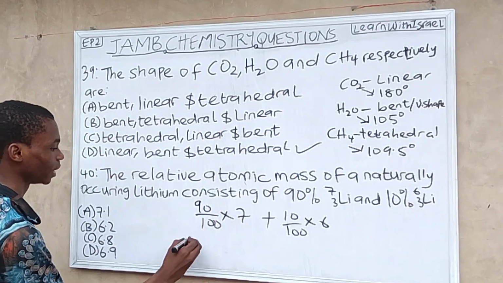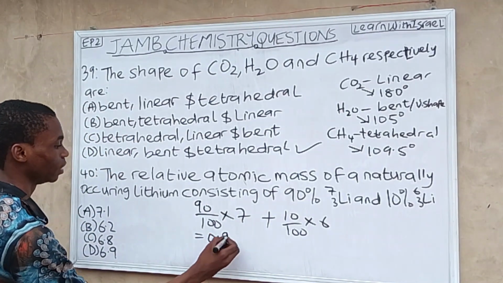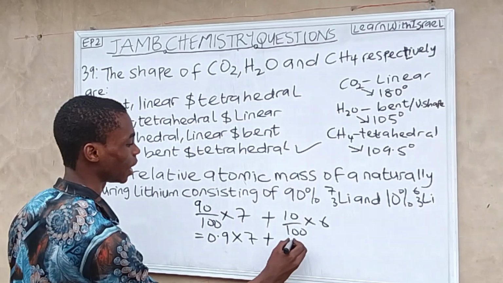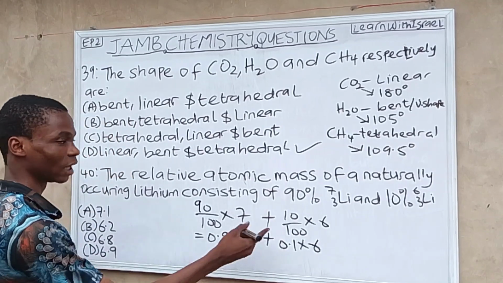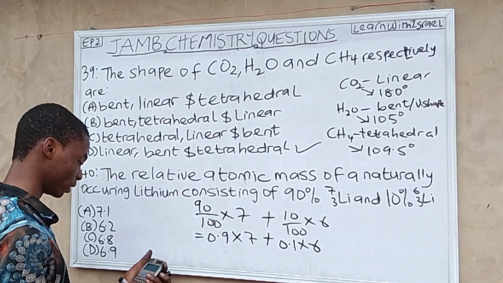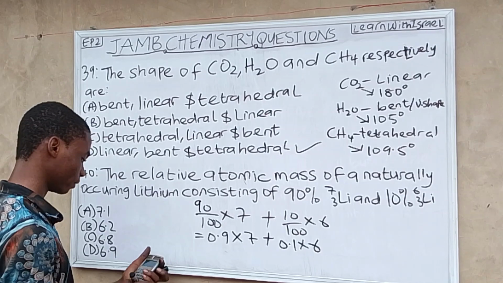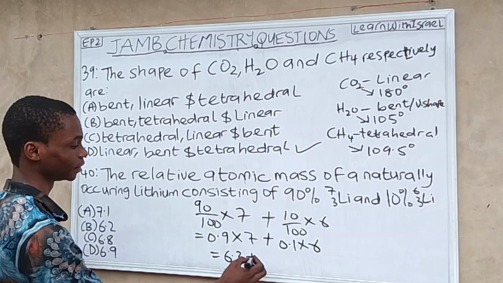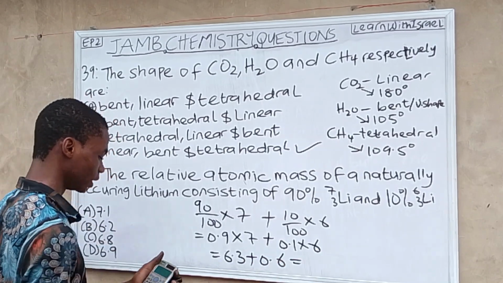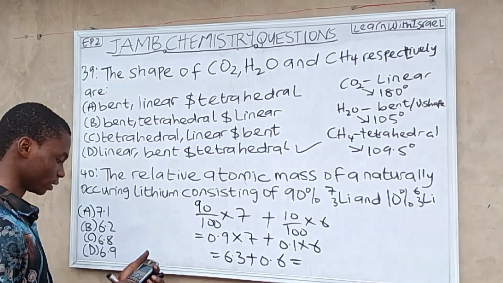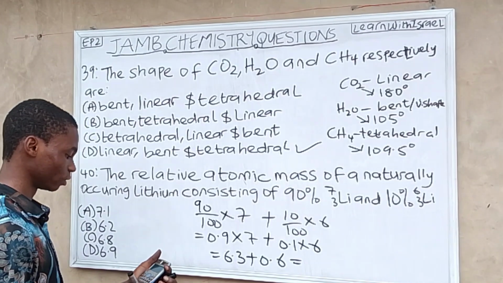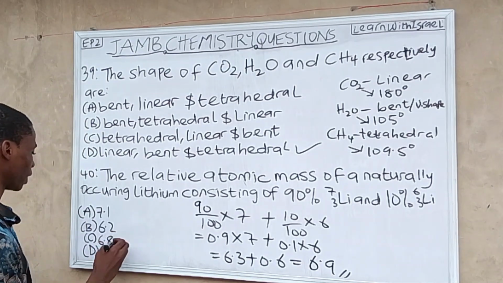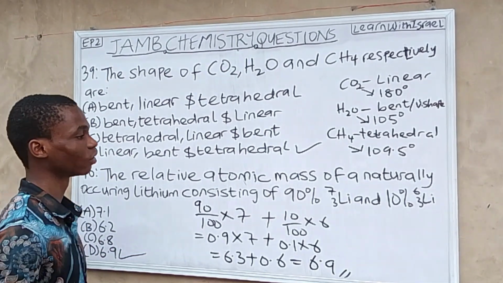So 90 divided by 100 is 0.9 multiplied by 7, plus 10 divided by 100 is 0.1 multiplied by 6. 0.9 multiplied by 7 is 6.3. 0.1 multiplied by 6 is 0.6. 6.3 plus 0.6 equals 6.9. So 6.9 is the correct answer. Let's check our options. Yeah, it's option D.